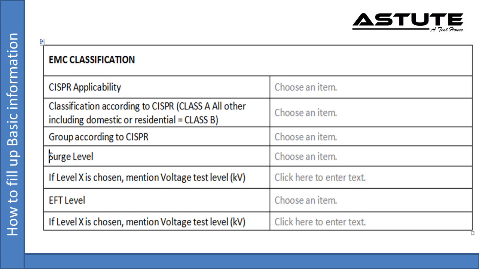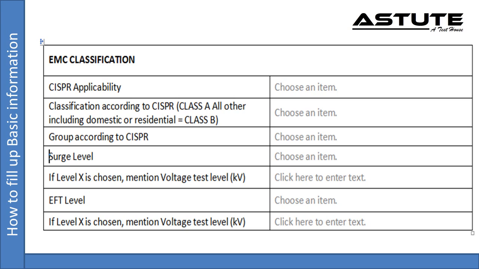The limits are based on the classification of use, like Class A and Class B. Class A equipment is equipment suitable for use in all establishments other than domestic, and those directly connected to a low-voltage power supply network, which supplies buildings used for domestic purposes.